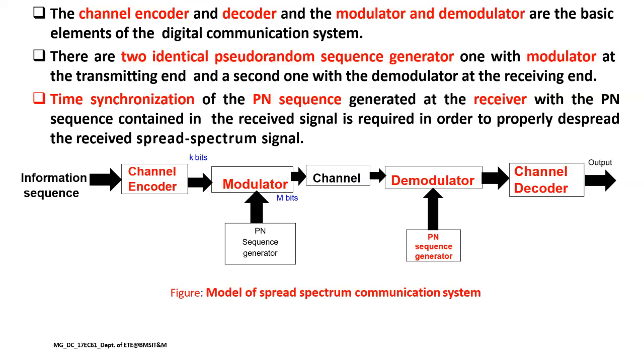In the conventional system, we don't have this pseudo noise sequence generator at the transmitter and the receiver. By having these pseudo noise sequence generators at the modulator and the demodulator, it is possible to achieve secure communication which is more reliable.